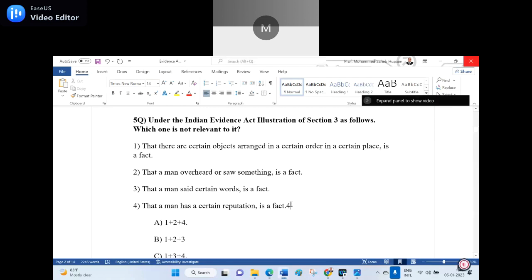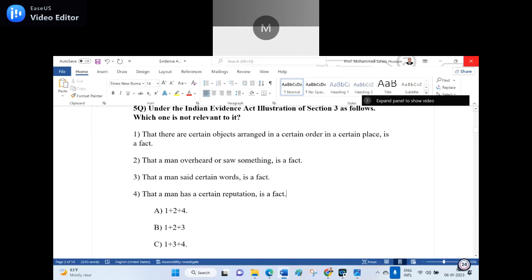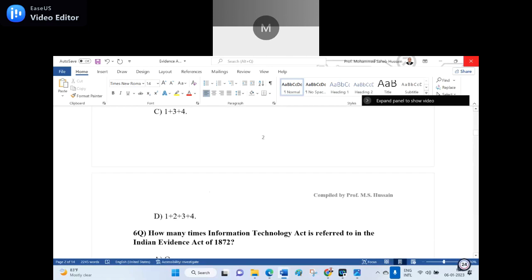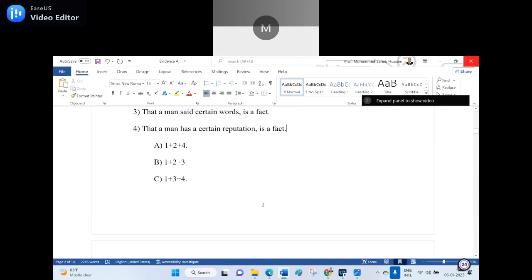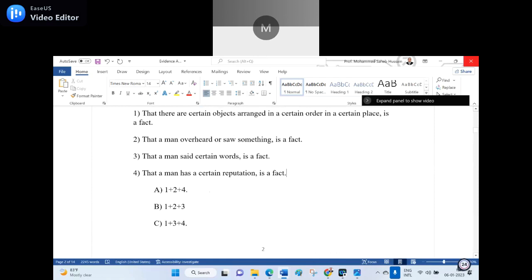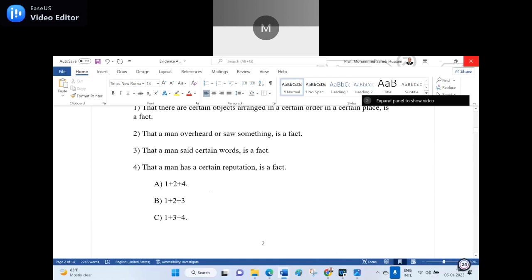Now among the 4 options which I have given here is A 1 plus 2 plus 4, B 1 plus 2 plus 3, C 1 plus 3 plus 4, and the D 1 plus 2 plus 3 plus 4. Which option is correct? Of course, one is not relevant.